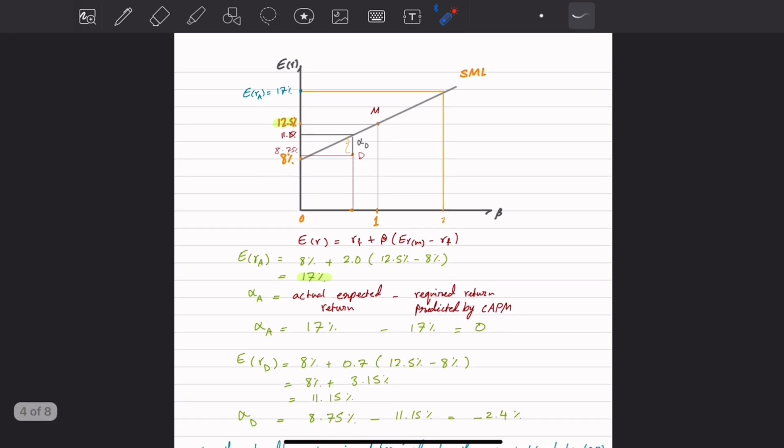Okay, we calculated the expected return on the aggressive stock using the capital asset pricing model. We found it's also 17%, which matches the actual expected return.